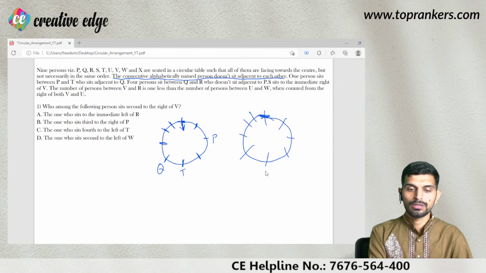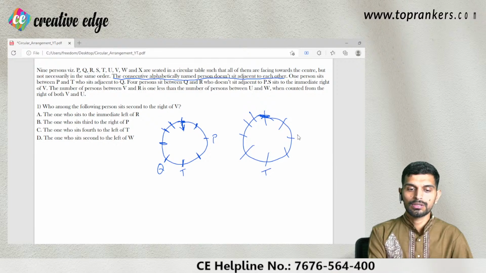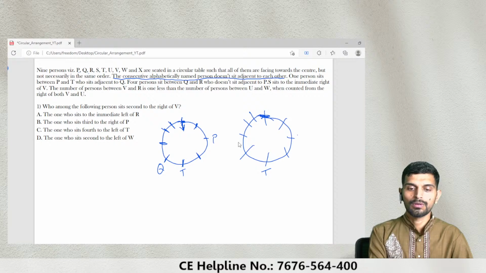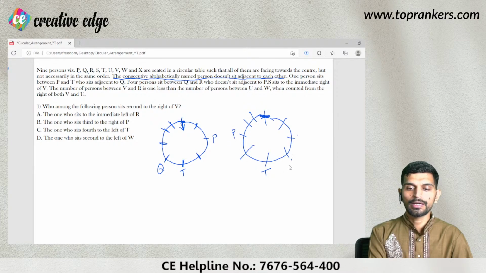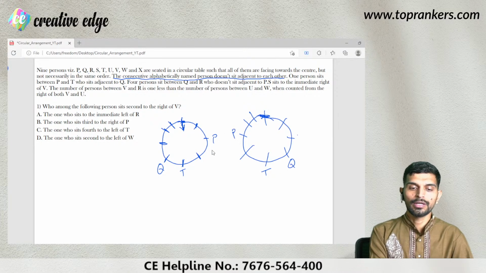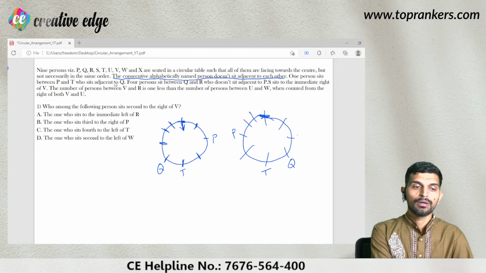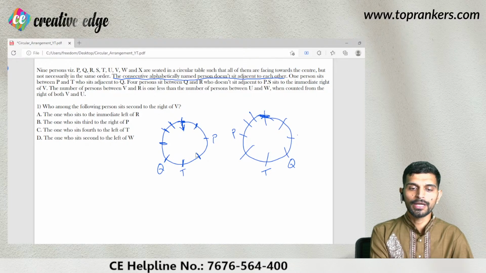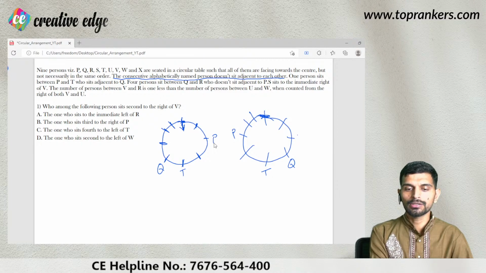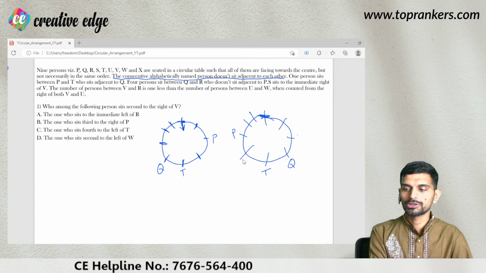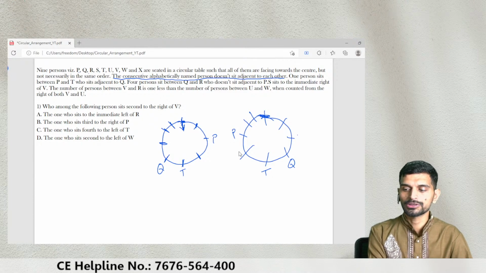So this is T, this is P, and this is Q. There are two possibilities, but one person sitting between P and T. So P is towards the right side or P is towards the left side. So these are the two possibilities.